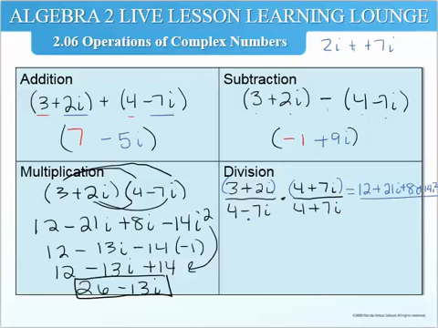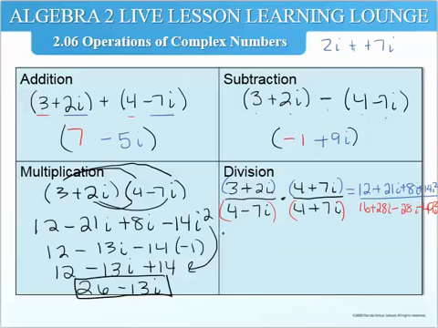In the denominator, we're going to have these two expressions FOILed. 4 times 4 is 16. 4 times 7i is 28i. Negative 7i times positive 4 is negative 28i. And then 7i times negative 7i is negative 49i squared. So I'm going to bring this down a little bit, and we're going to combine like terms.